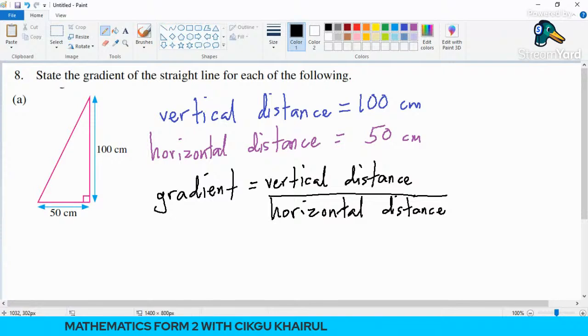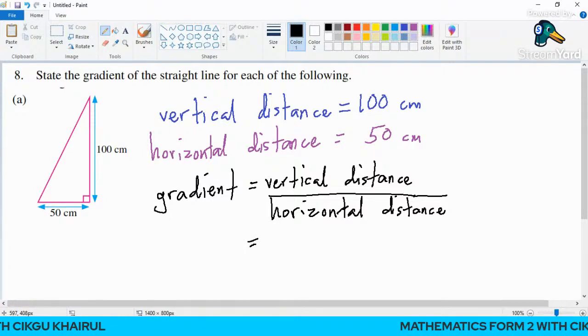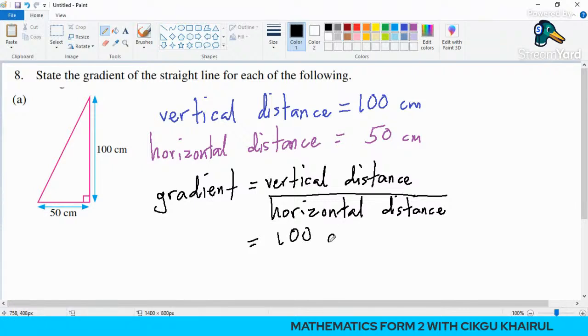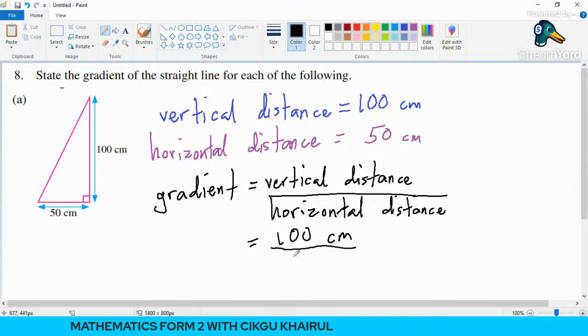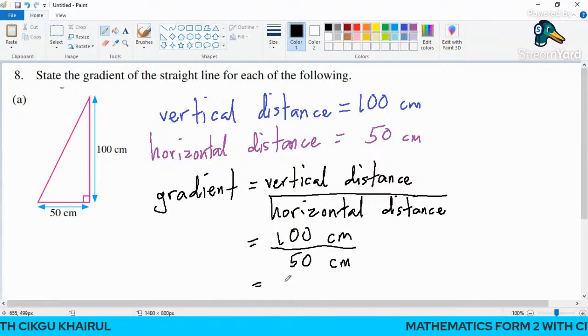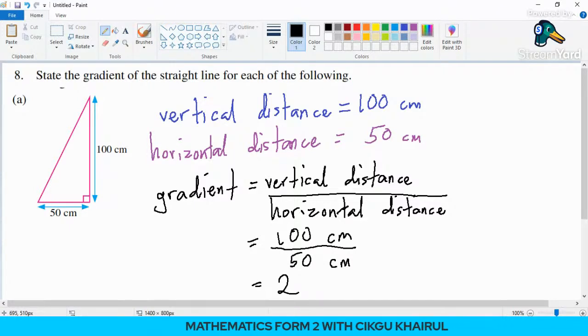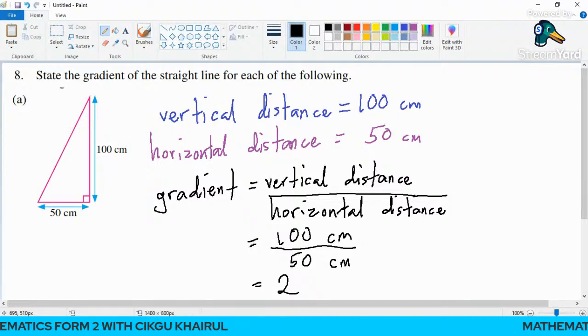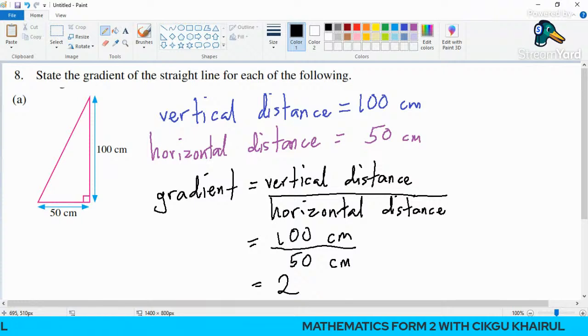Therefore, we just substitute the value. Vertical distance is 100 cm divide with horizontal distance 50 cm, and the answer is 2. 100 divided by 50 is 2, and there is no unit for gradient. So the answer for question A is gradient equal to 2.